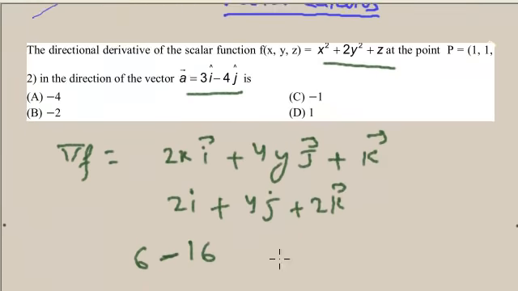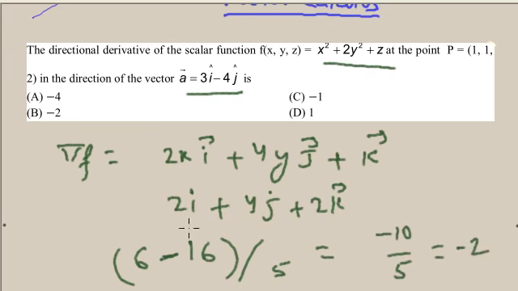Then divide by the magnitude of this. 3 square plus 4 square means 5, the root over 3 square plus 4 square. So minus 10 divided by 5, that means minus 2. So this is the correct answer.